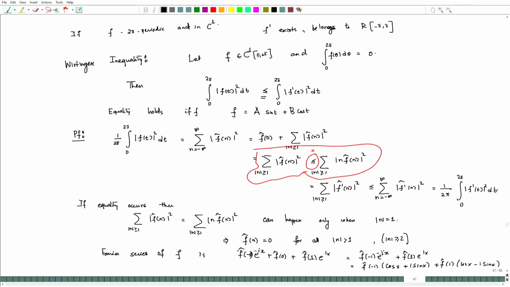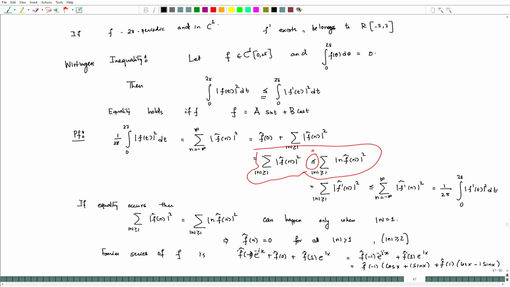So, if you take your A to be i times f hat of minus 1 minus i times f hat of 1, then that is your A. So, you can find A and B such that f is going to look like A sin x plus B cos x.